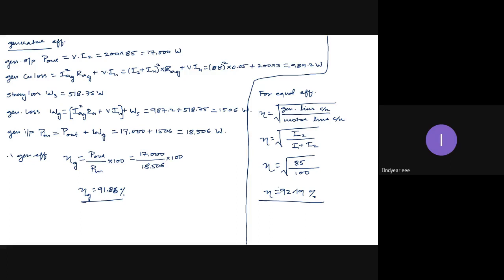So if I use exactly identical machines, then this formula is fine. But one problem with this way of calculation is I will not be knowing the losses. No doubt I got the efficiency, but what are the stray losses, what are the copper losses, what are the field copper losses? Those things cannot be known.